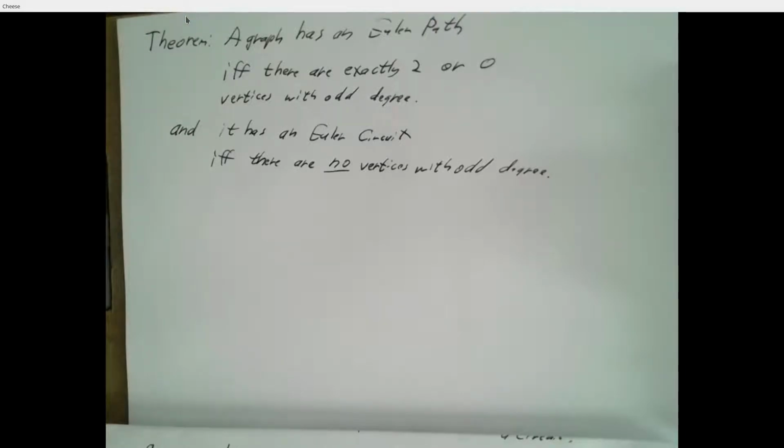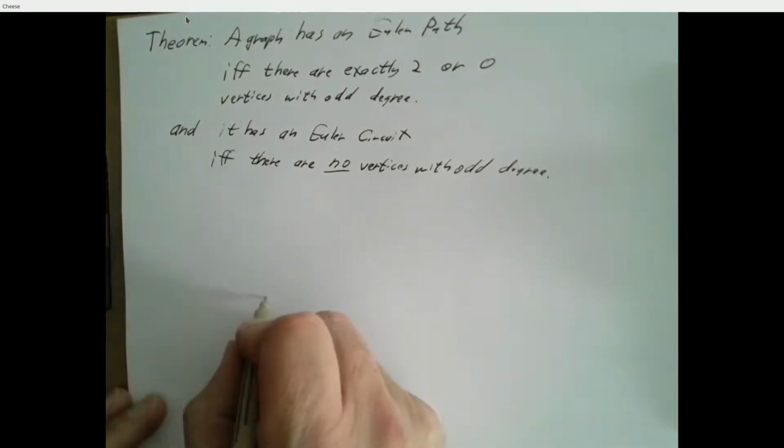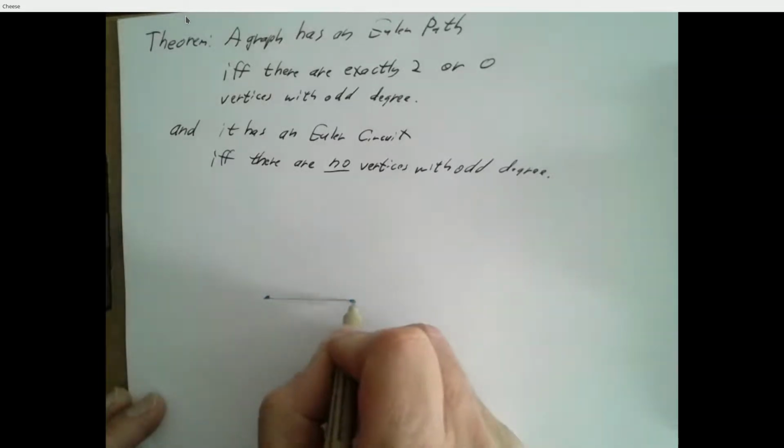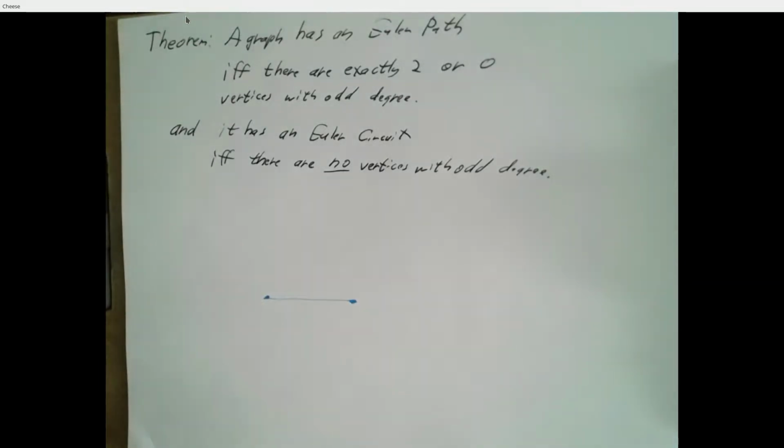And you can probably convince yourself of this if you play with it for a while. Because what's kind of happening as you start drawing graphs, well, there's a graph, 2 vertices of odd degree, and we have a path, right? So let's just think about paths for now. If I want to add another edge, and this has to be a connected graph, otherwise there's points I can never reach.